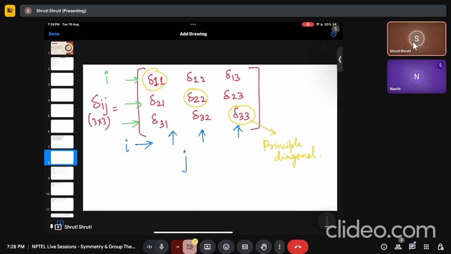And what is the condition? When i is equal to j, the value of that element should be 1. So delta 1 1, delta 2 2 and delta 3 3 are equal to 1.